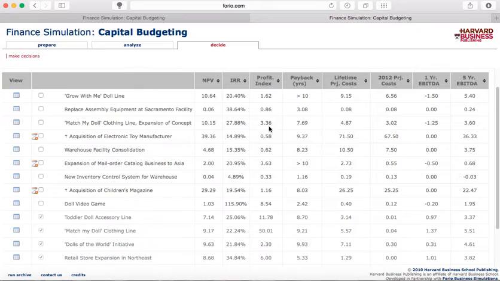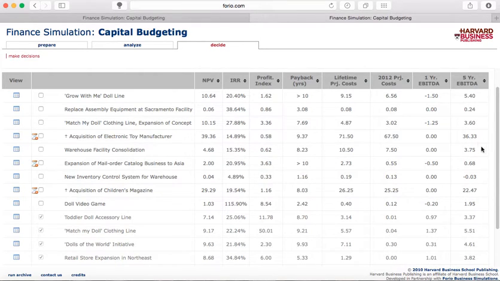As well as profitability index, you can see that the electronic toy manufacturer doesn't have quite as much of a profitability index, so they are not making that extra profit for every dollar that is earned like the Children's Magazine. Also a slightly higher payback year and project costs.